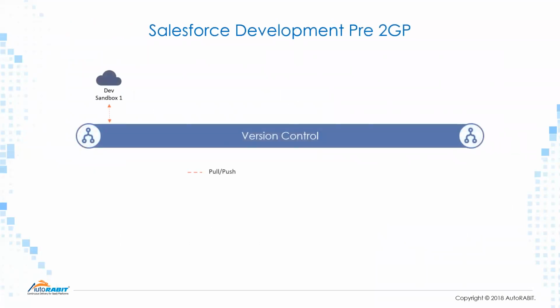Before the inception of second generation packaging, if an enterprise is using version control, normally developers would use their individual sandboxes, or a grouped sandbox where multiple developers are working on the same sandbox, in order to pull and push from the version control their metadata members that they have developed by code or declaratively.